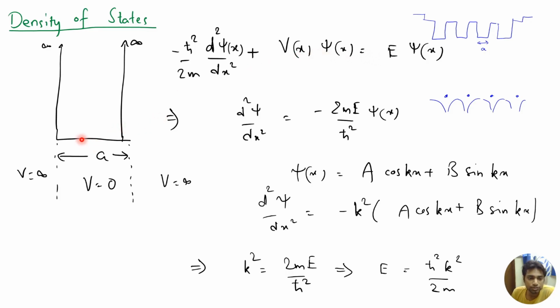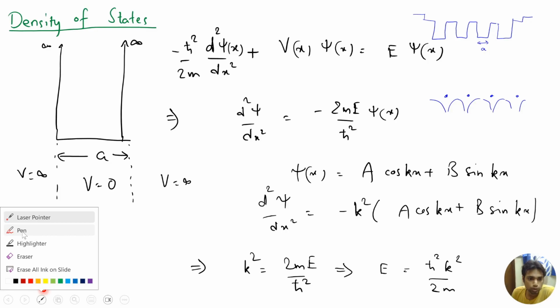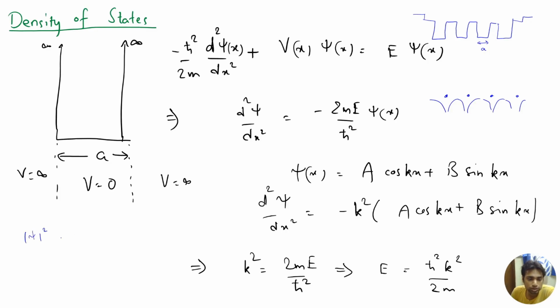If we try to find the wave function of the electrons outside the well, it has to be 0, because if you remember from the Born interpretation, mod psi square is the probability density of finding the electrons in the region x to x plus dx.